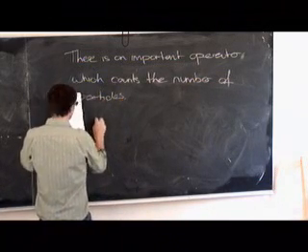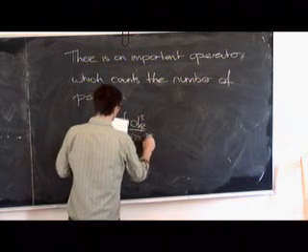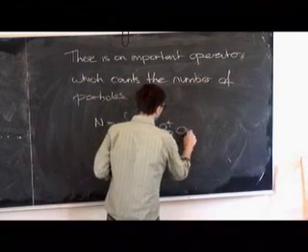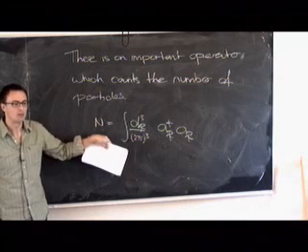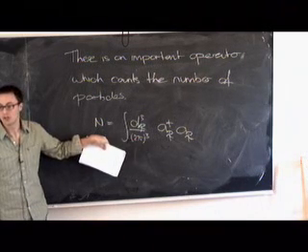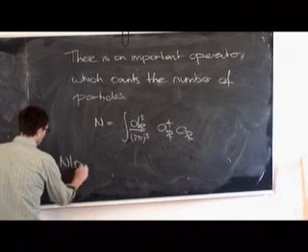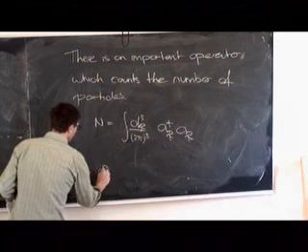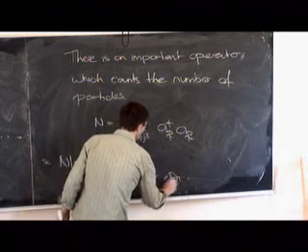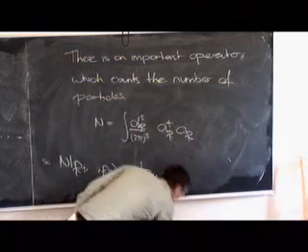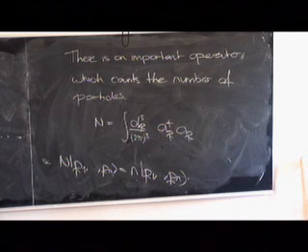It's called the number operator, and it's the same number operator that you've probably seen in the harmonic oscillator. It's easy to check that if you act on a state with particle number n with the number operator, it gives you back little n, the number of particles.